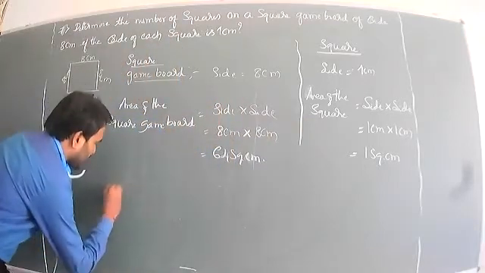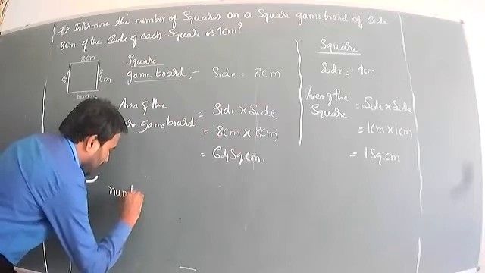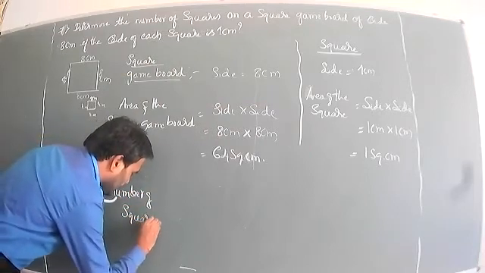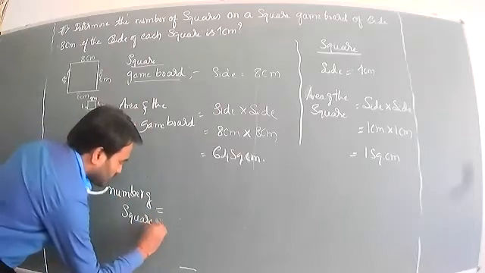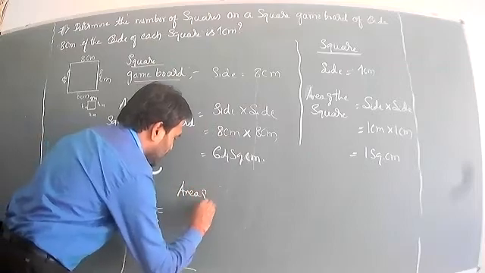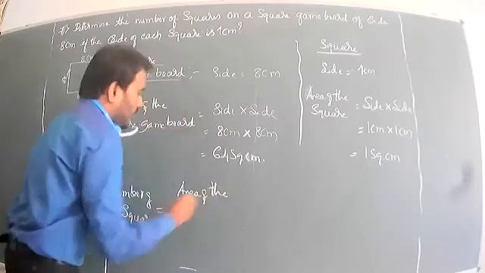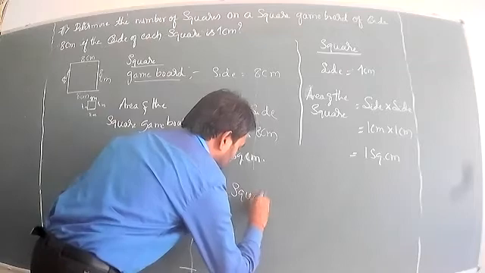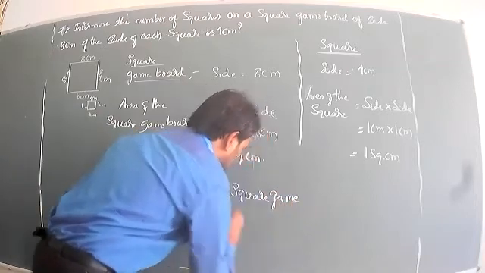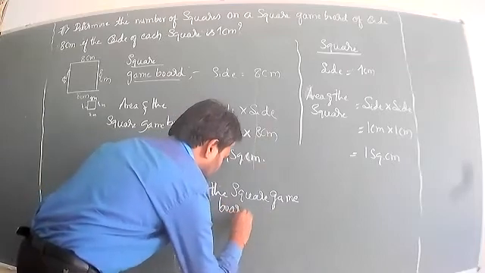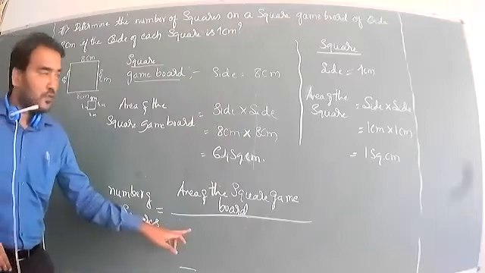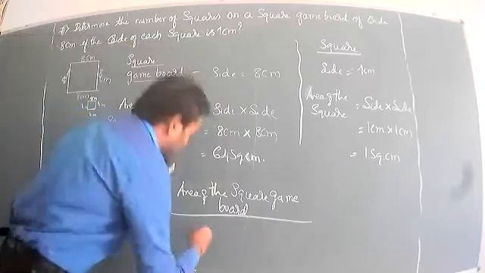Okay. Number of squares equals area of the square game board divided by area of the square.